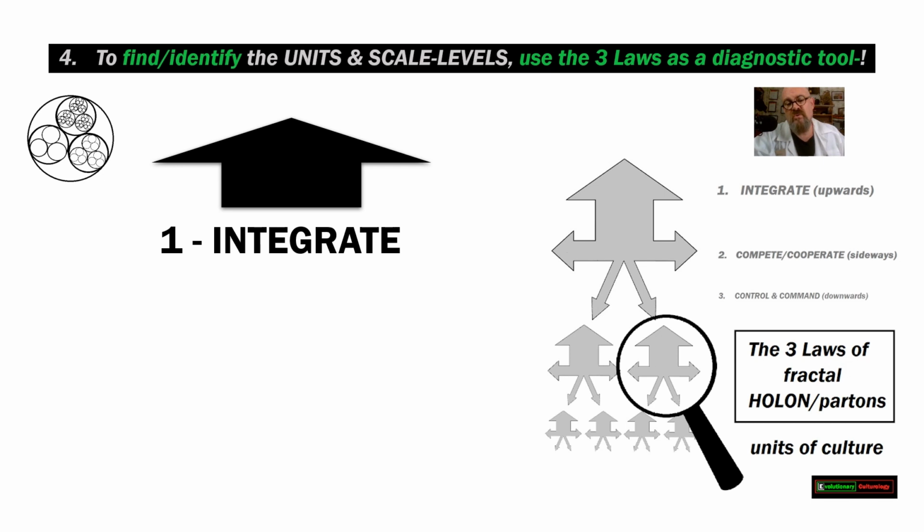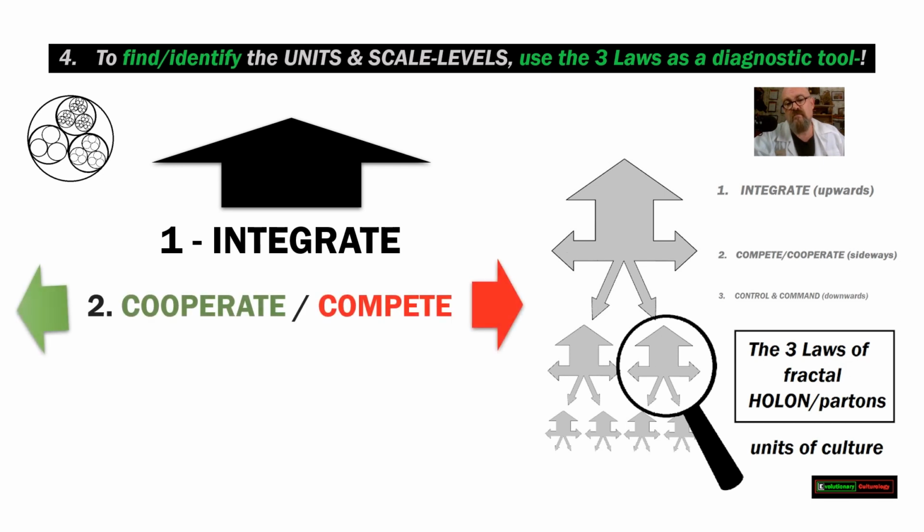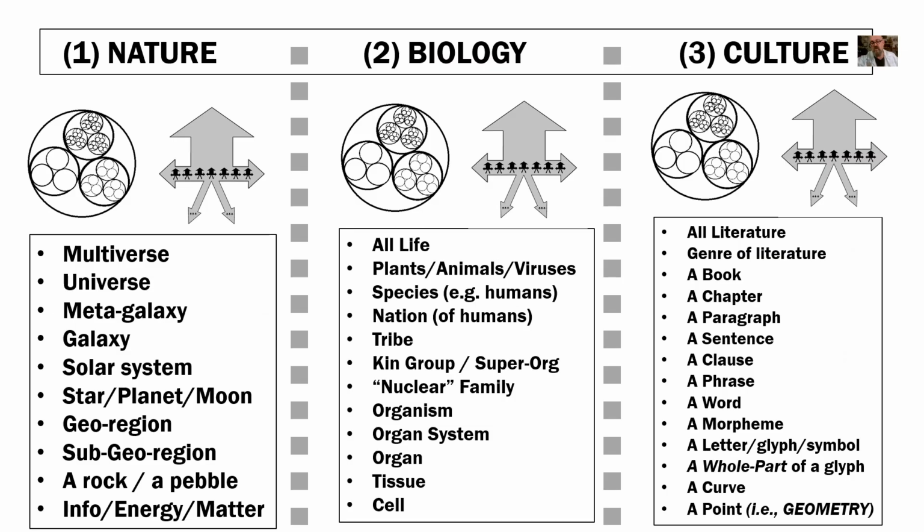There's the three laws again: integrate upwards, compete and cooperate sideways with units on the same scale level, command and control downwards or inwards, the small units inside. So there's some examples in nature, biology and culture, from large down to small, on different scale levels of the fractal Holon parton.